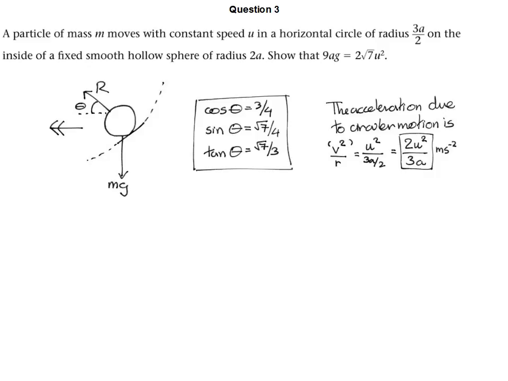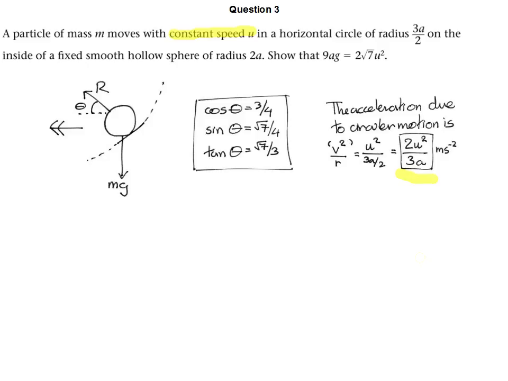Now, I reckon it's going to be something to do with v squared over r, and that's because in the question they tell us that it's moving with a constant speed u. And remember, we always either use v squared over r or omega squared r. So the acceleration due to circular motion is v squared over r. v squared is actually u squared in this case, r is 3 over 2 a, so we get this relatively nice expression for the acceleration due to circular motion.